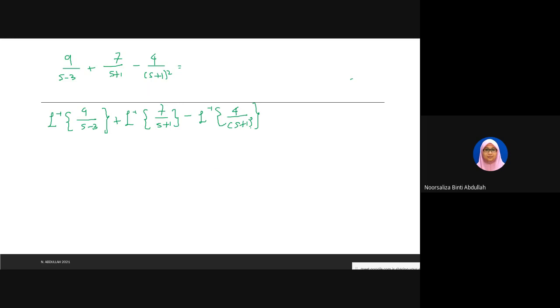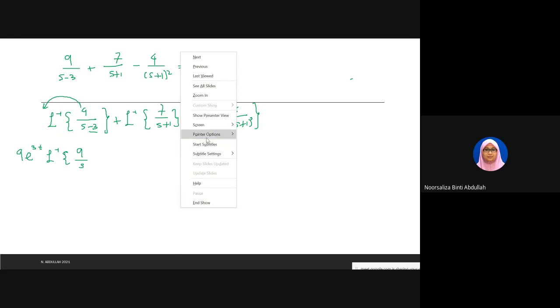So I use the first shift theorem again because it is easy. First shift theorem: you have here S minus 3, so here will be exponent 3t, and then you find the inverse of 9 over S. Or you can take out 9, so 9 will be here, and inside this one will be just 1.